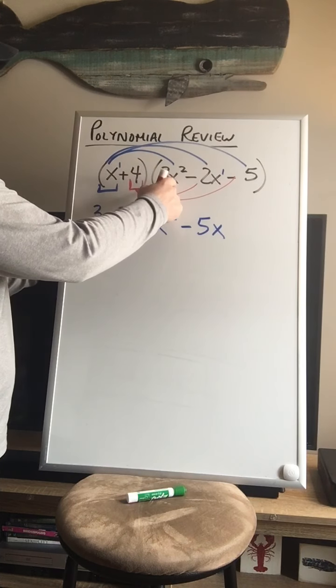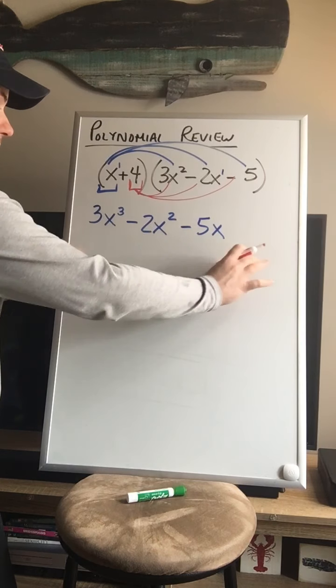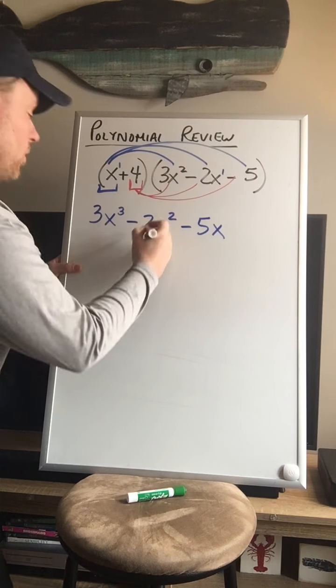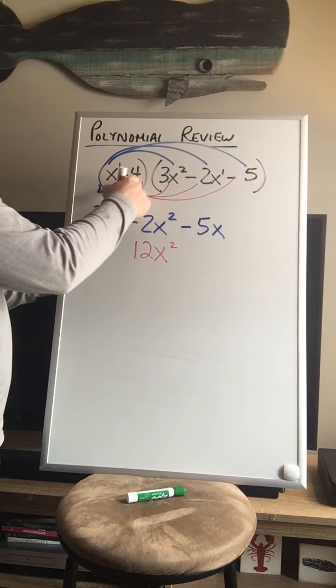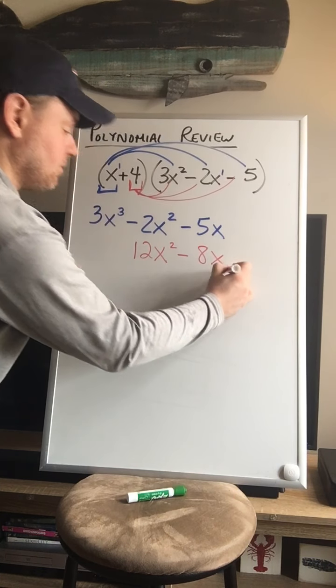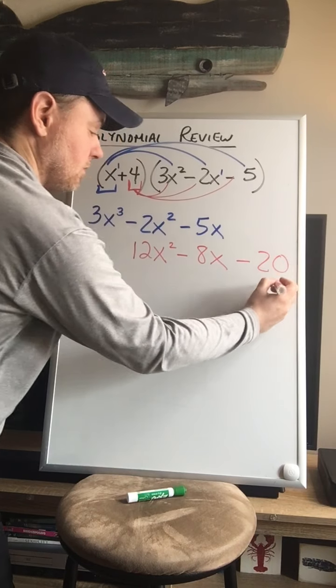So 4 times 3x squared is going to be 12x squared. I'm going to write it underneath since I'm running out of room like I did in the last lesson. So 4 times 3x squared, 12x to the second. Then 4 times minus 2x, minus 8x. And then 4 times minus 5 is minus 20.